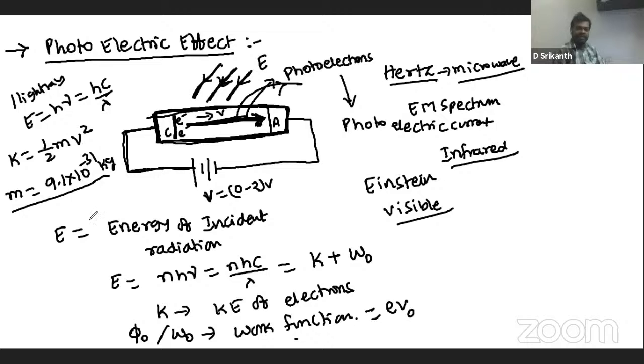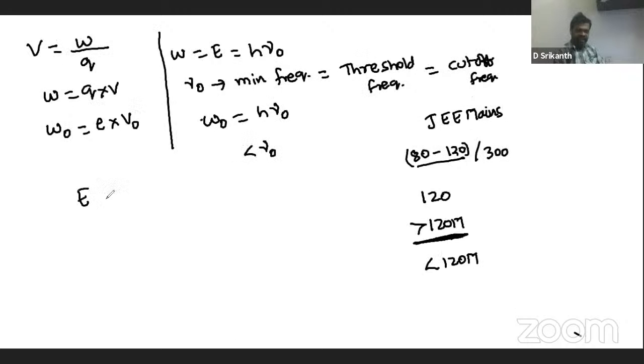So here we can say the equation is kinetic energy plus work function. E is the incident energy due to the incident radiation, so I can write it as h nu. I am considering only one light.